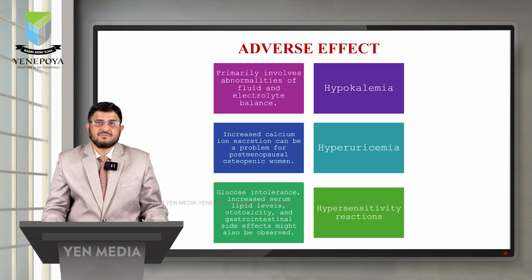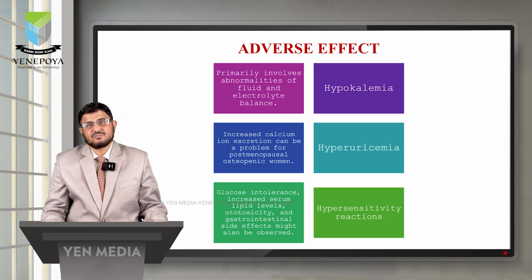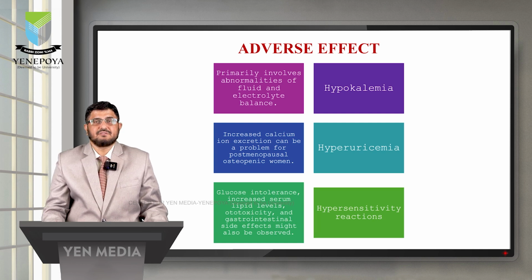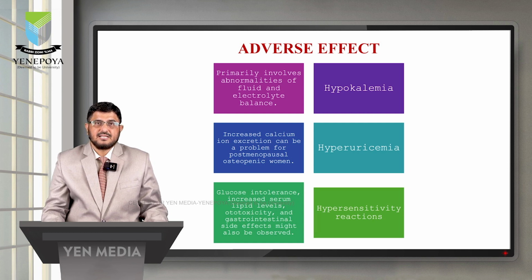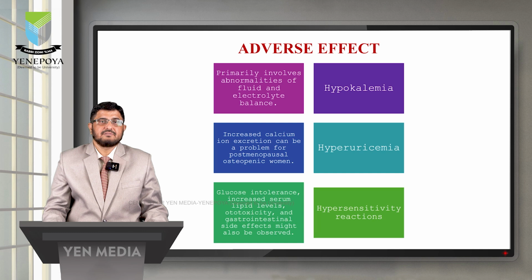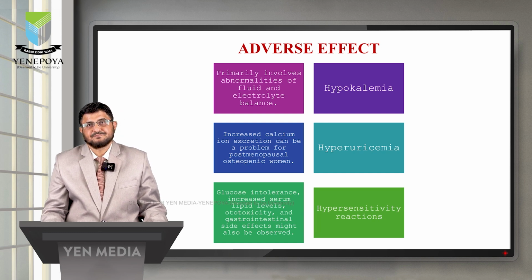Because of the sulfonyl group present, sulfa drug allergy is possible with these drugs. For those suffering from sulfa drug allergy, we can give ethacrynic acid. But still, ethacrynic acid has the disadvantage of causing ototoxicity and gastrointestinal problems.